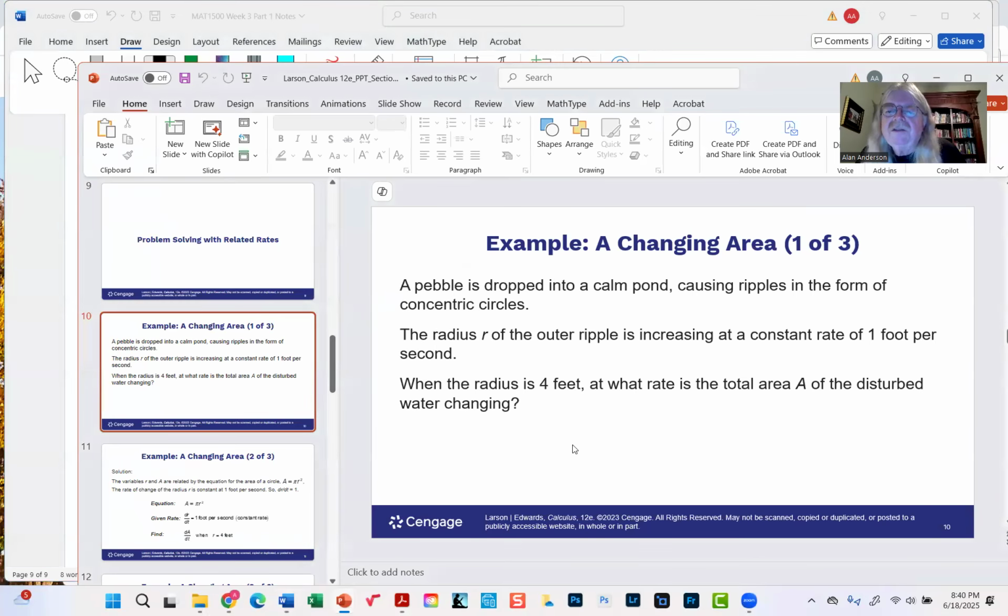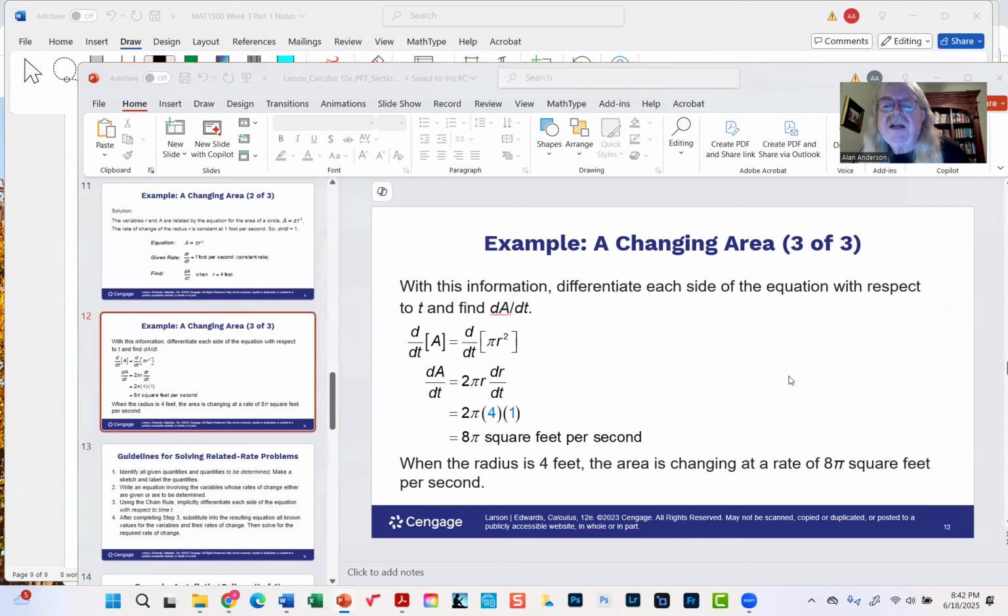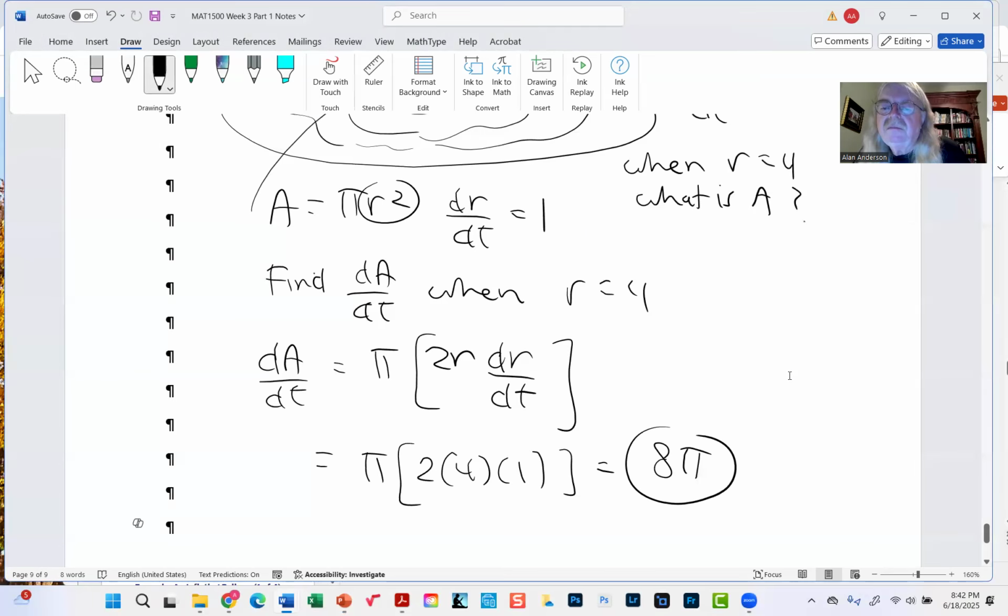Now, if you plug in 4 for r, oh yes, we do know dr dt. Beautiful. So dA dt is 8 pi feet per second.